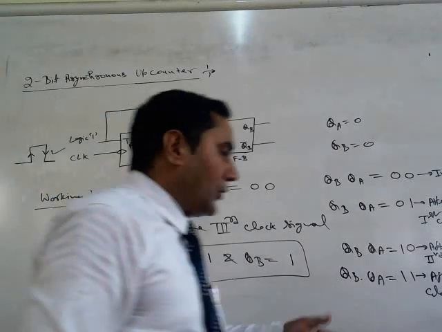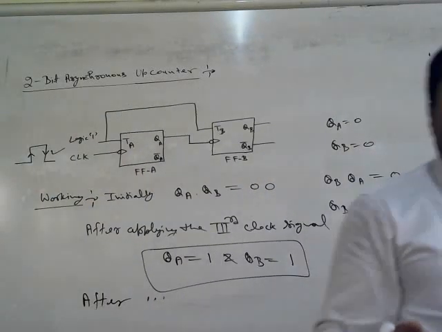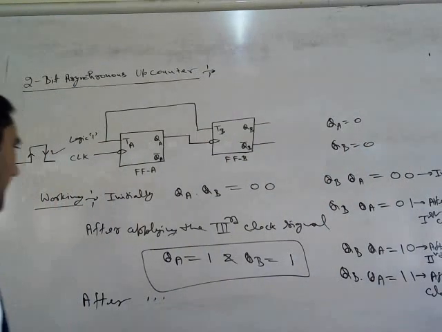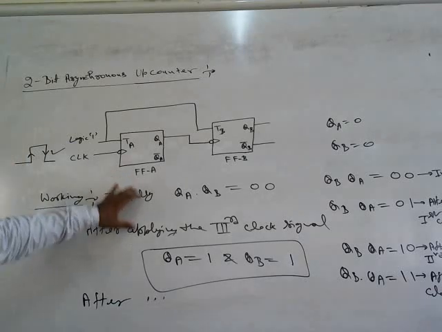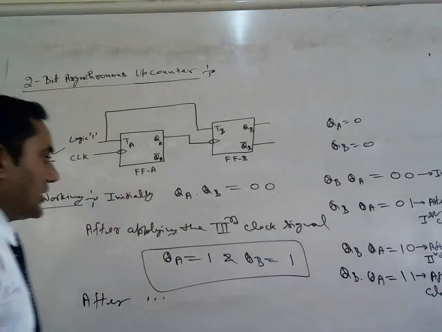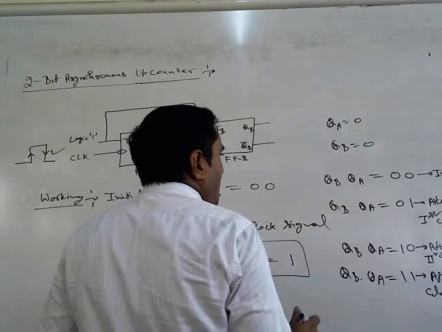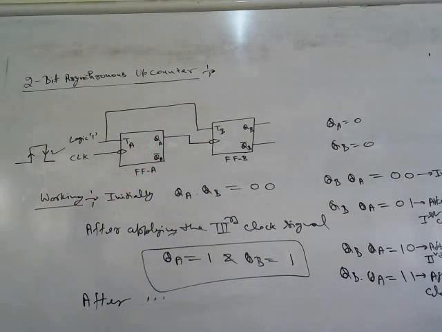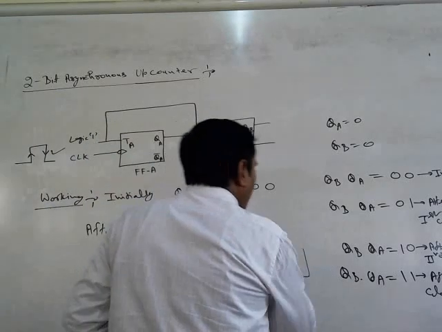And if we apply the fourth clock pulse, then again the flip-flops come to the initial state, that is 0 0. So that is the working operation of the 2-bit asynchronous up counter.